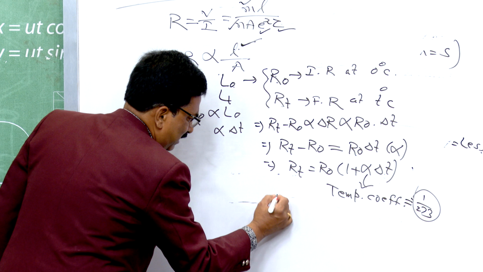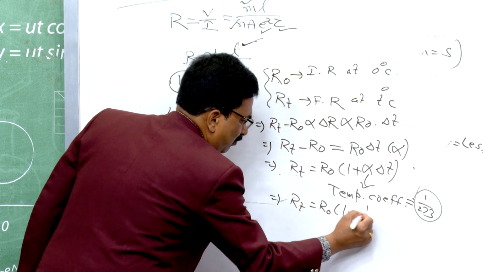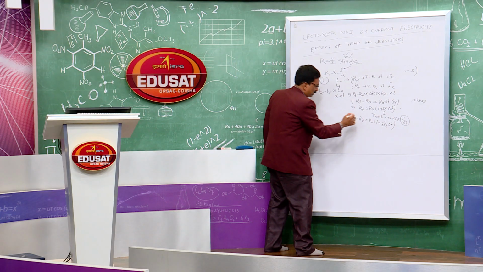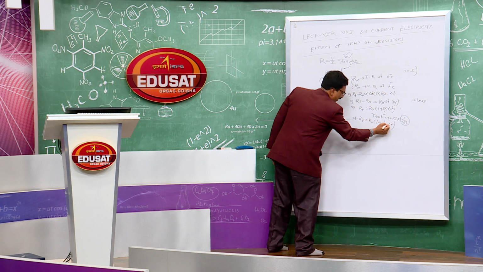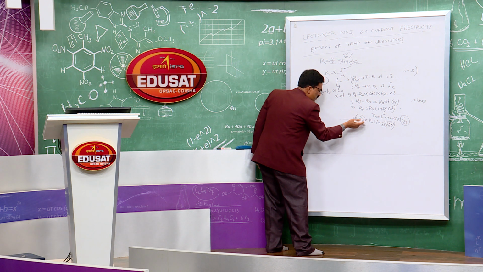Therefore RT is equal to R0 into 1 plus 1 by 273 into del T. This shows that if the change in temperature is more, then the resistance is more.